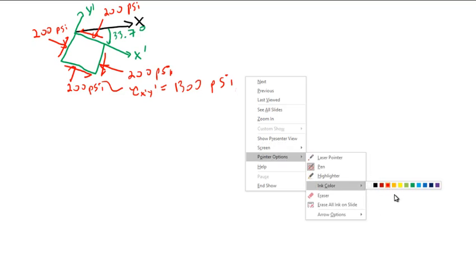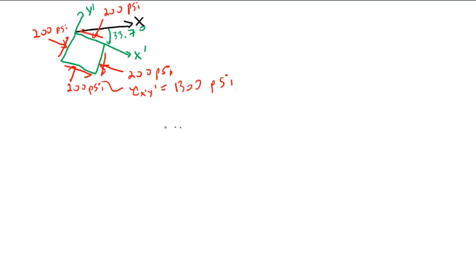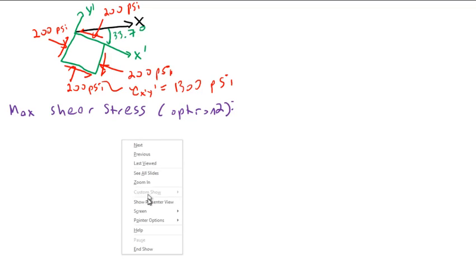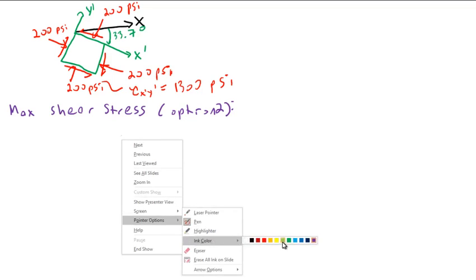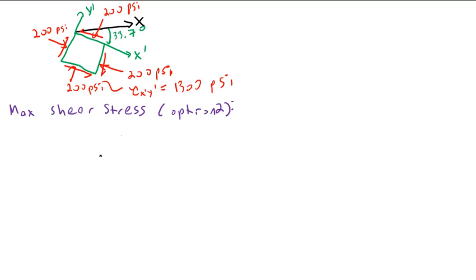So the other maximum shear stress would be here. Option 2 is going to be like this. There will be two locations of maximum shear stress.